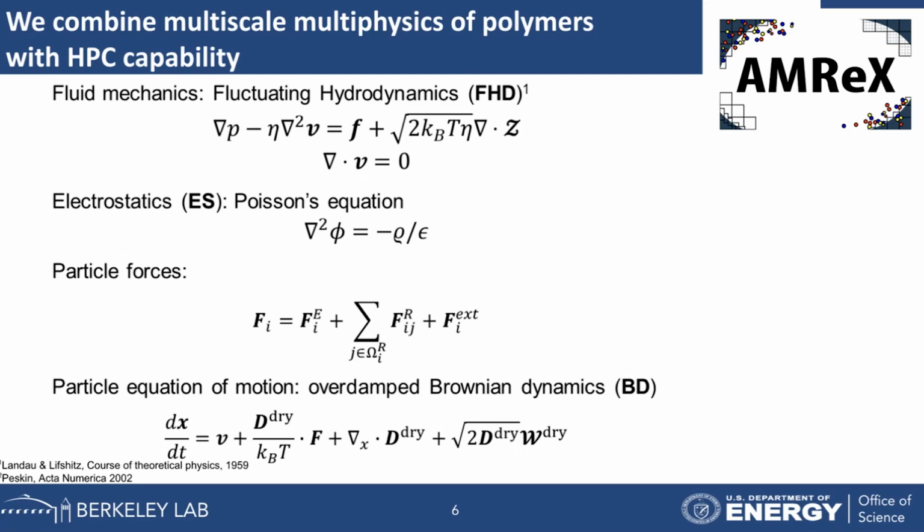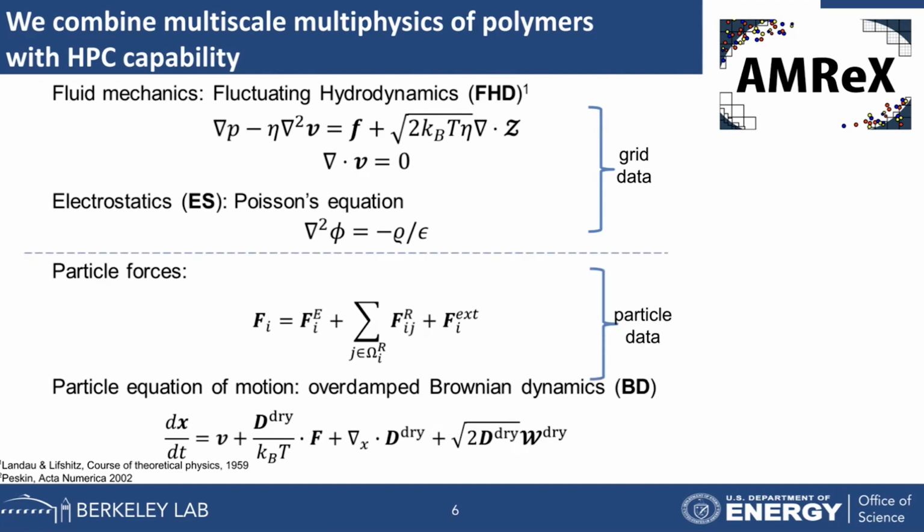So on the Eulerian side, we solve fluctuating hydrodynamics and the electrostatics. But on the Lagrangian side, each particle experiences a total force that can come from electrostatics, short-range interaction, and external forcing. And each particle move follows the overdamped Brownian dynamics.